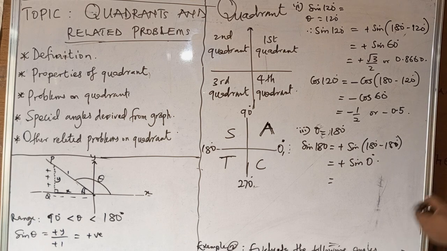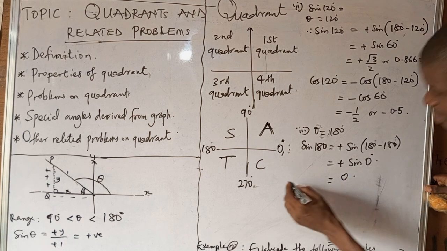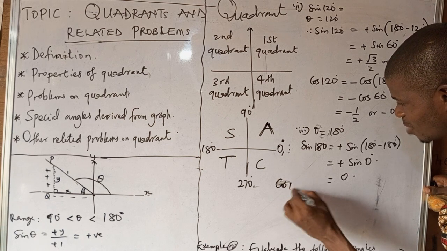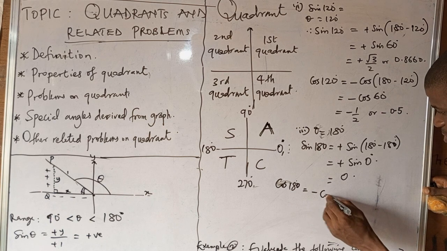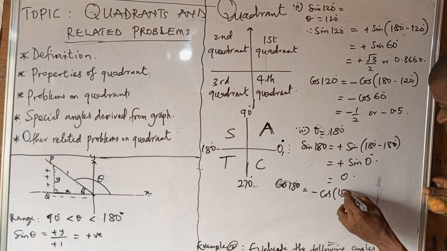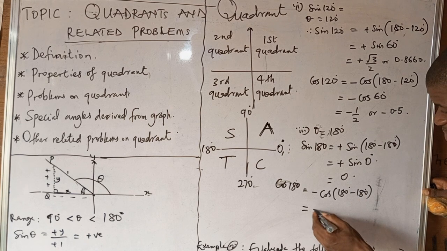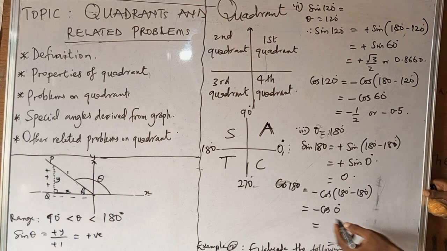So based on our previous knowledge, sine 0 is 0. Likewise, cos 180 degrees is equal to minus cos into 180 degrees minus 180 degrees. And that gives us minus cos 0 degrees. Cos 0 is 1, so this will give me minus 1.